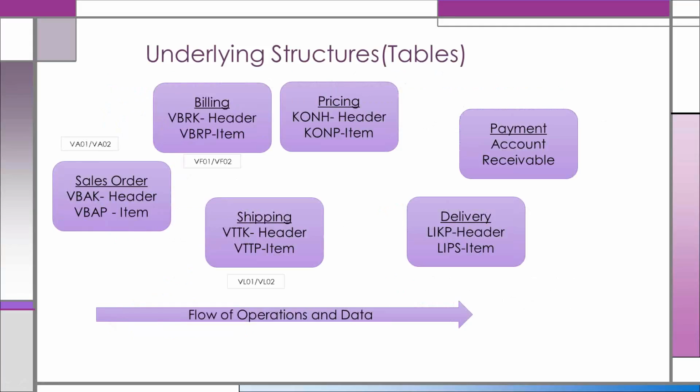Okay, so the first screen, whatever you saw, is a generic process of sales and distribution. But what happens when you do the processing in the ECC? In ECC, we have several underlying tables available.